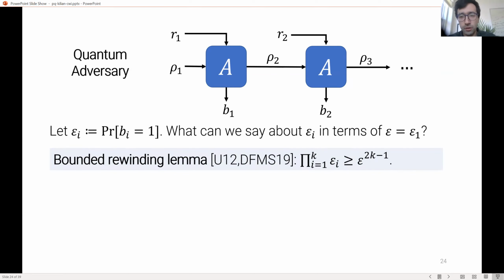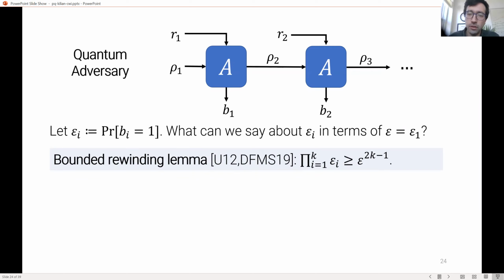There is some prior work that does give you some lower bounds on this probability. This is Unruh and some of the people on this call, I believe. I think it was Don, Fair, Mayans, and Schaffner. What they show is that if you take the product of the first k epsilons, then this is at least epsilon to the 2k minus 1.